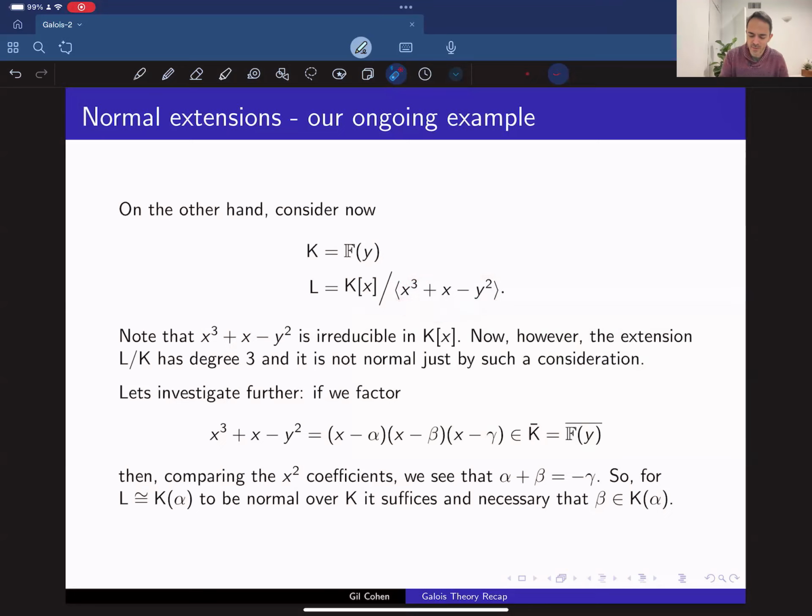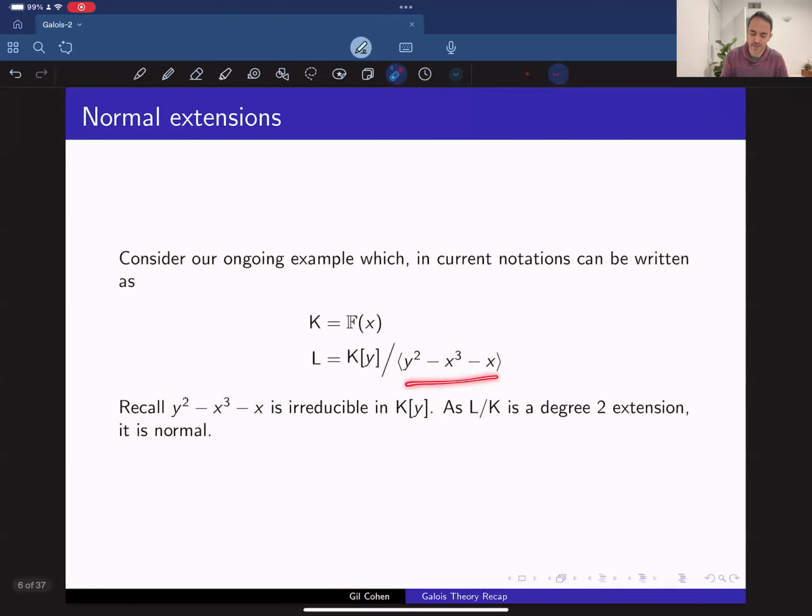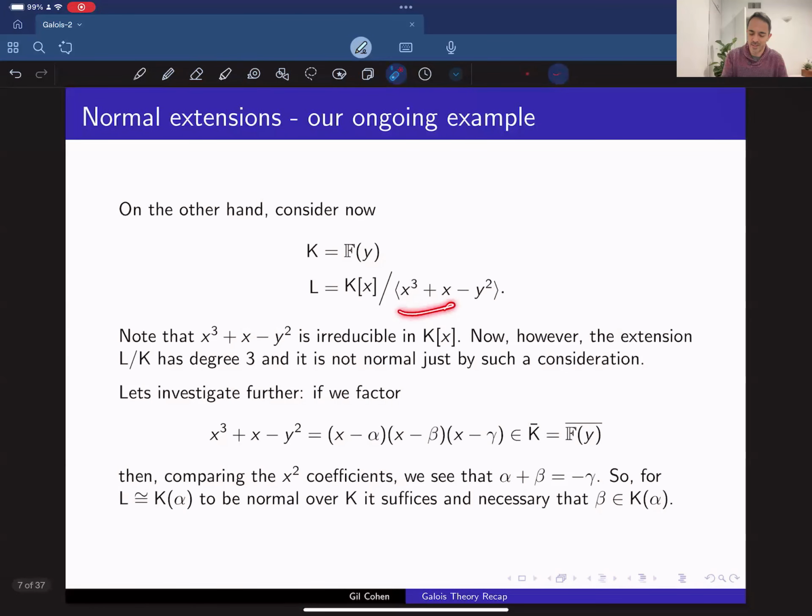And I wrote it a bit differently. You see, here I wrote it like Y squared minus those X's, and here I wrote it as the X's minus Y squared, just because psychologically, it's easier to look at that and see that these are the variables and this is the constant because it comes from K.